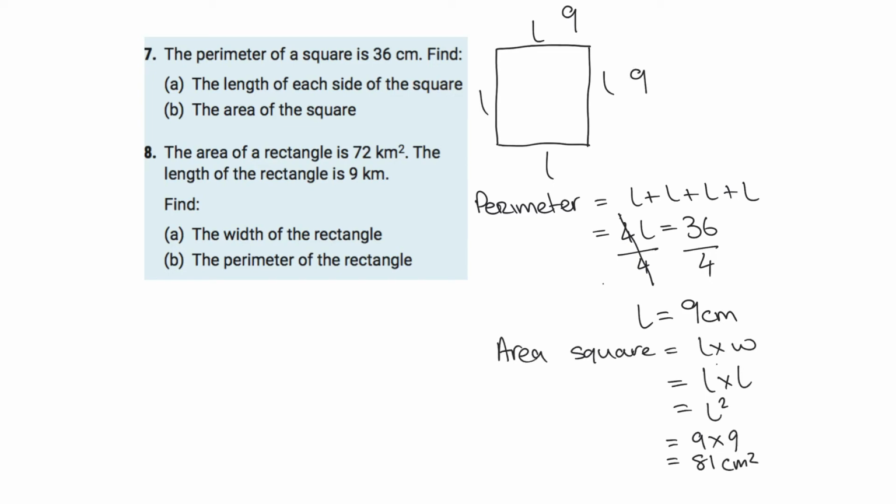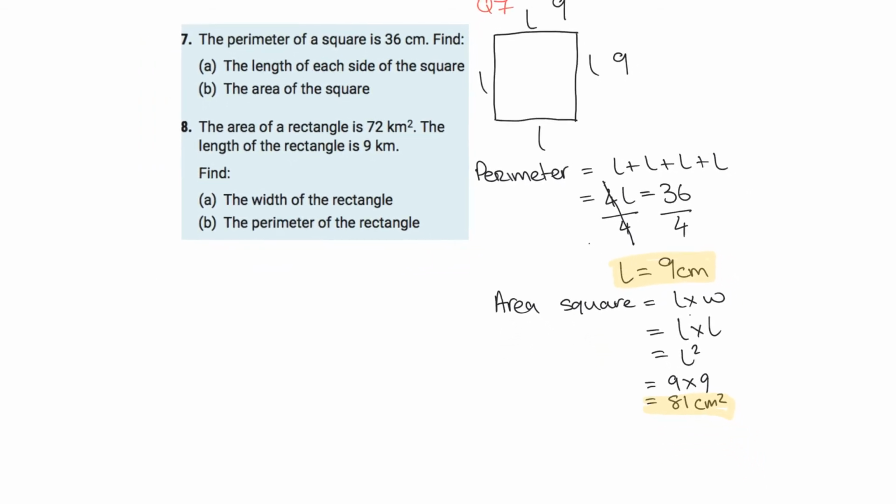So 81 centimetres squared is the answer for part B. Okay, so the length of each side is 9 centimetres and the area is 81 centimetres squared. Now let's look at question number 8. So that was question 7. Okay, now I'm going to do question 8.